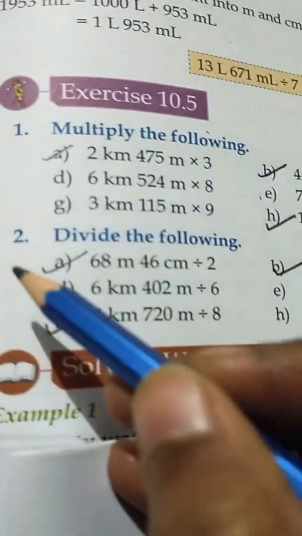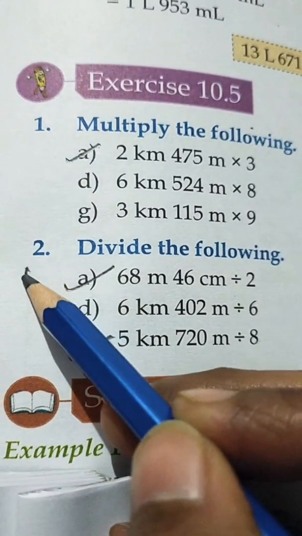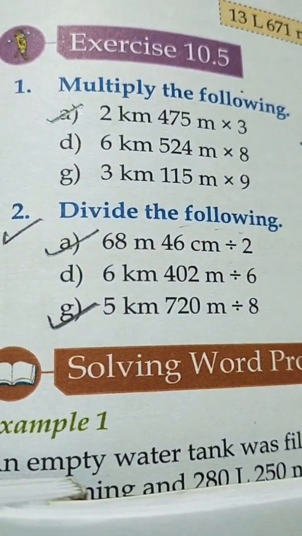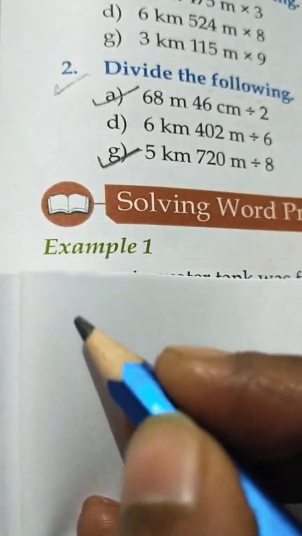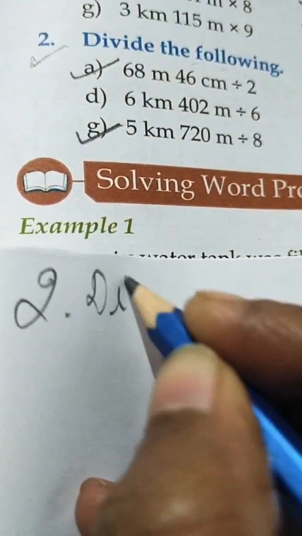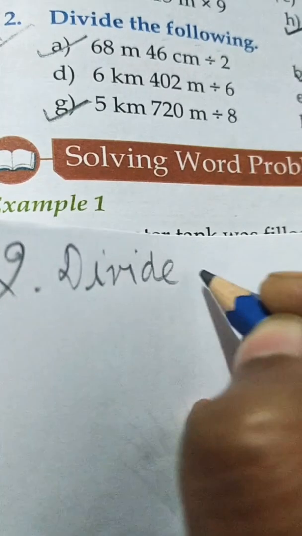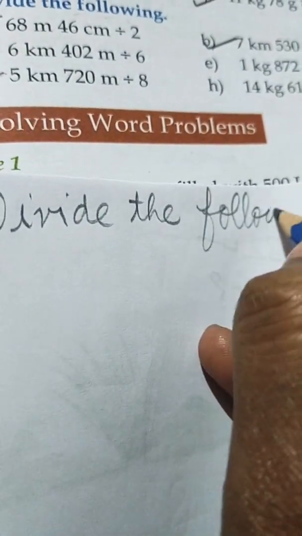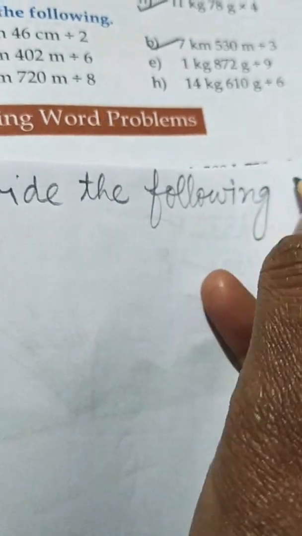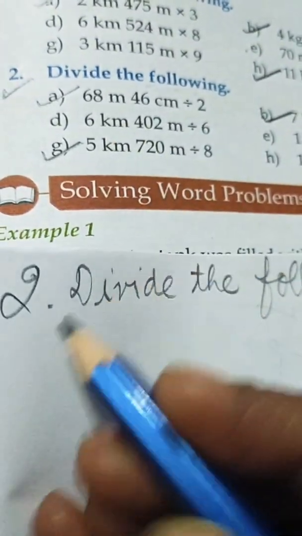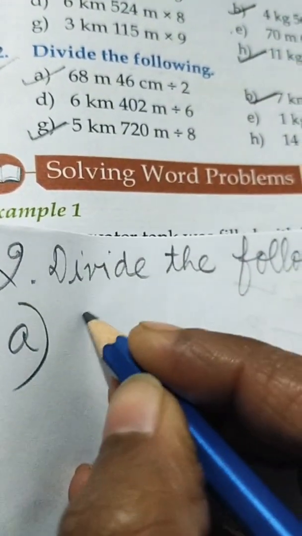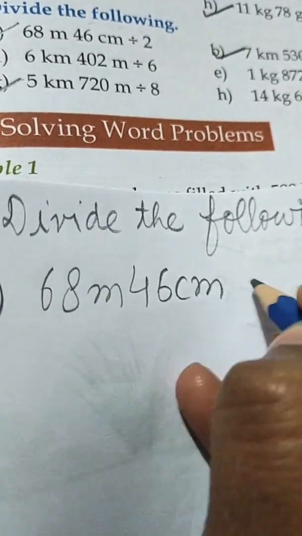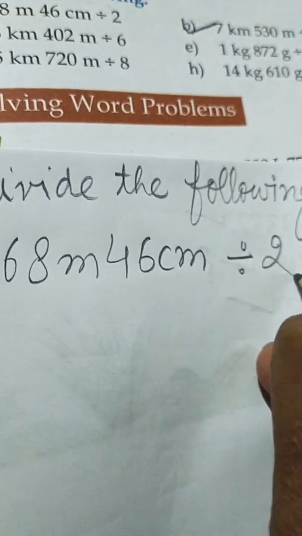Yes, and here sum number 2. Divide the following. A part is there: 68 meter 46 centimeter divided by 2.